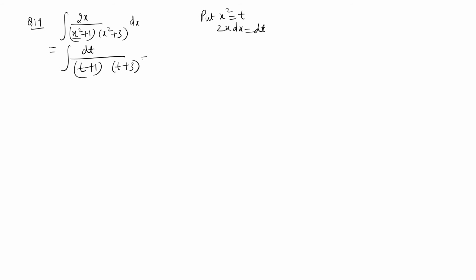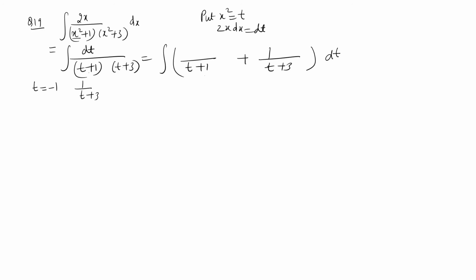Now reduce it to partial fraction. As the denominator is having two different factors, we can do the direct splitting also. So 1 upon t plus 1, plus 1 upon t plus 3. Firstly I'll need to put t as minus 1, as t plus 1 is equal to 0 will give it to me, and I'll put it not in 1 upon t plus 1, so where will I put?